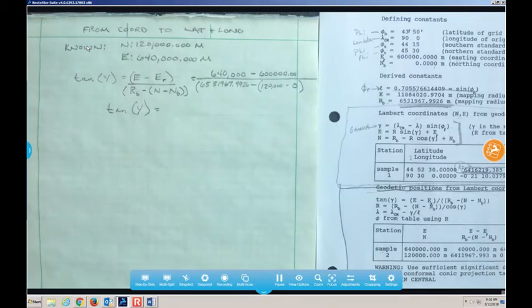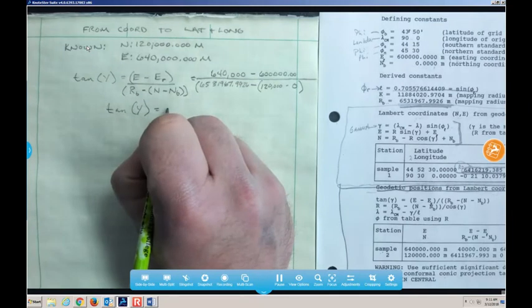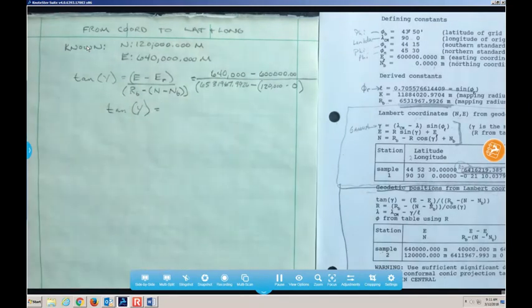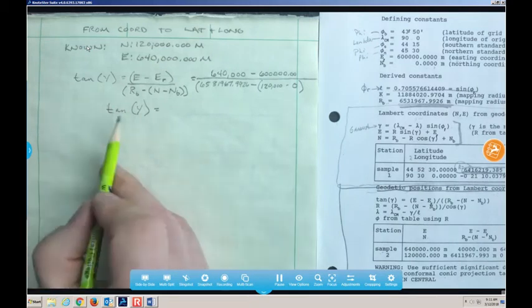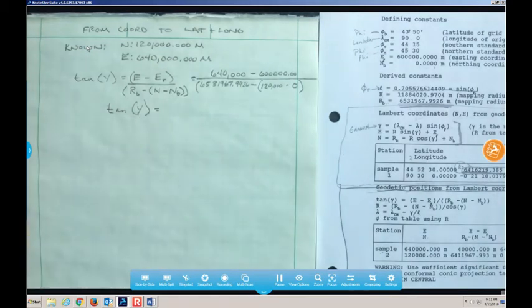I'm going to try doing this one on my little calculator too, just to make sure. What's our tangent of gamma? Don't just give me the tangent of it, I want that actual value.